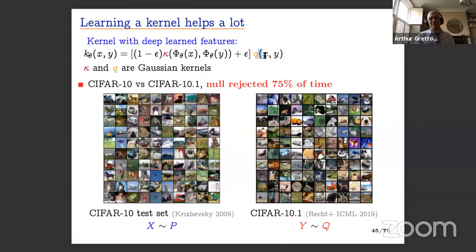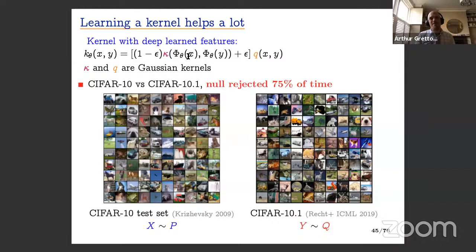Which ends up being very important in practice when we're using it in a test, so as not to get a vacuous test. So I will say that this construction of the kernel is an engineering solution to get a family of kernels that is good for the problem that we're doing.